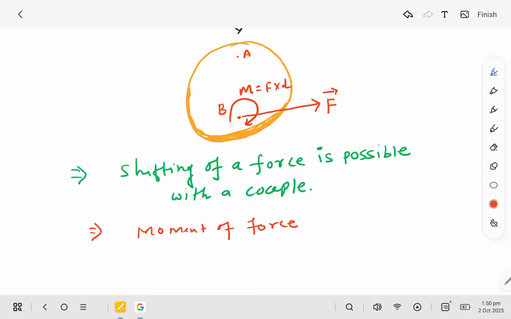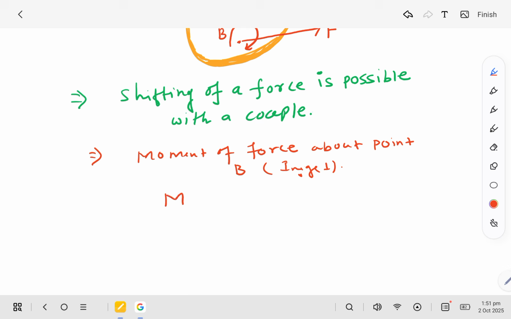Moment of force about point B, as per image 1: the moment about point B is equal to the force acting at A times the perpendicular distance between the force and the line passing through this point B.